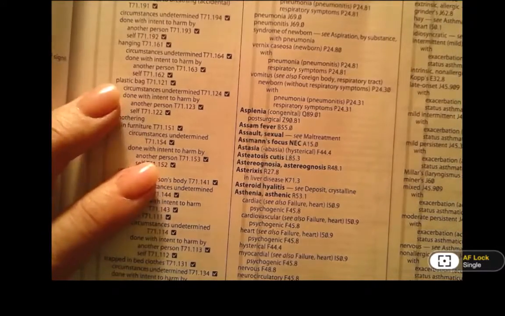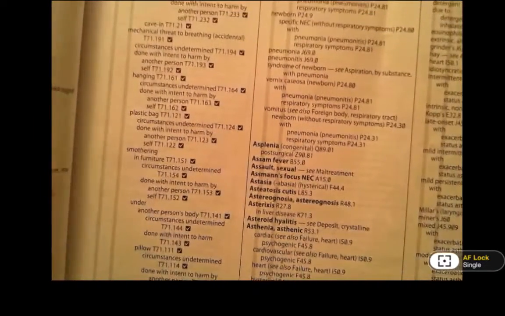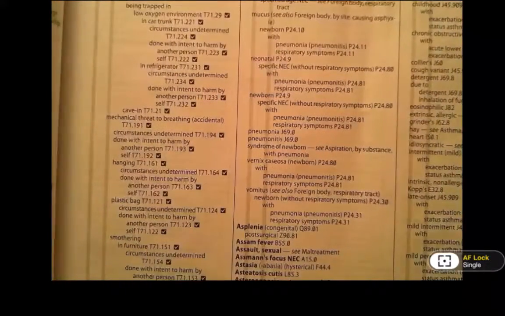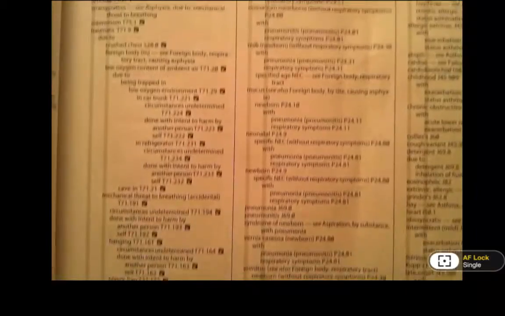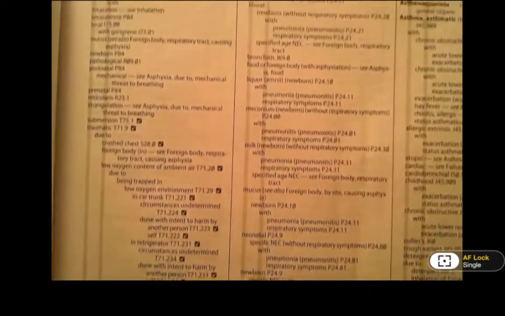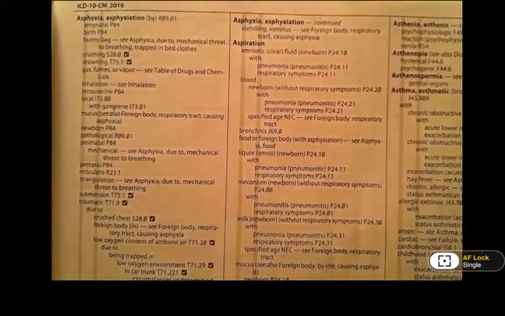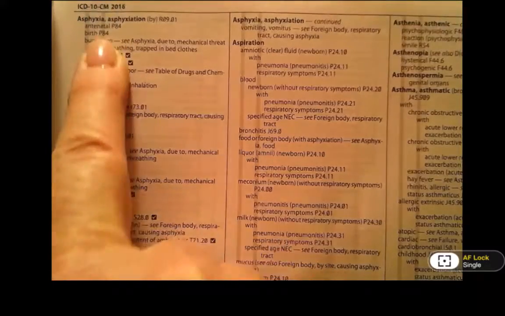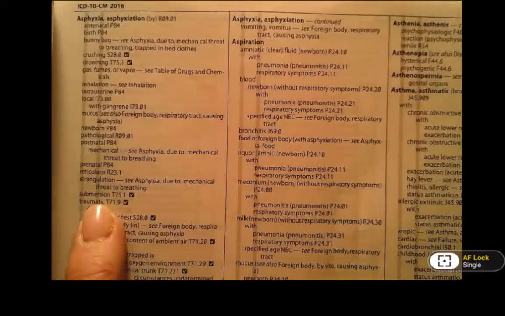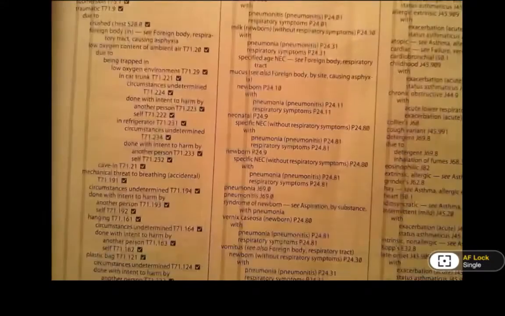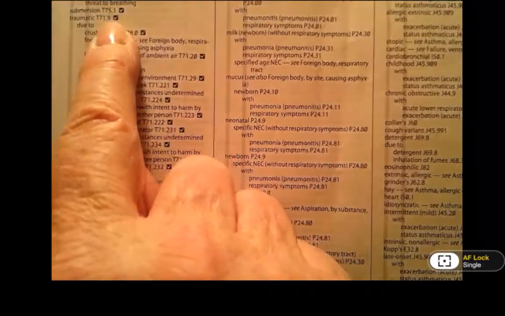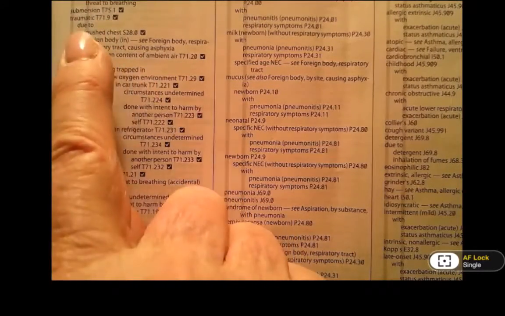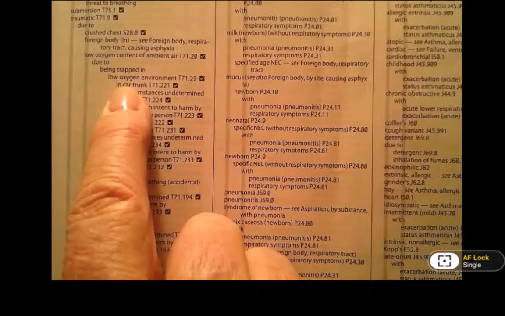One thing that's talked about in Chapter 2 is the importance of indentations and how you must follow those when finding terms. So I wanted to use the example of asphyxiation and traumatic asphyxiation and how many times that is subdivided and how many times the indentation goes down.